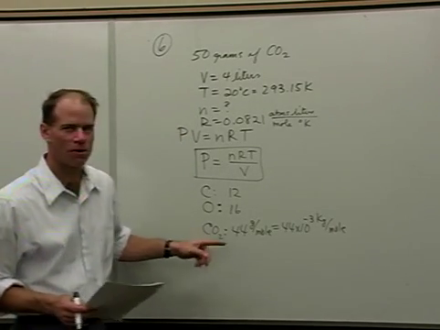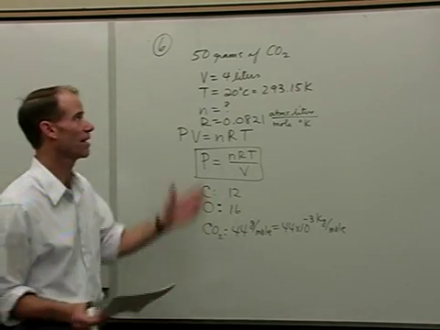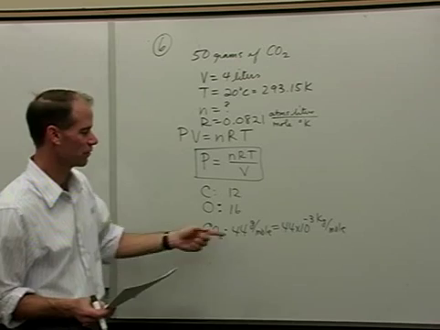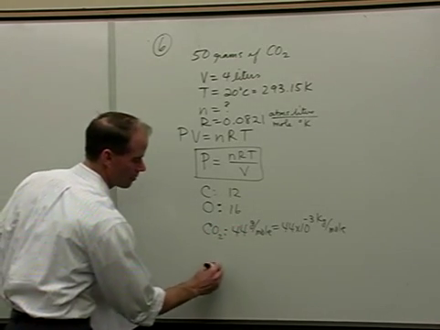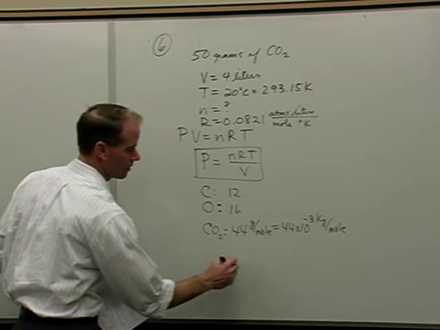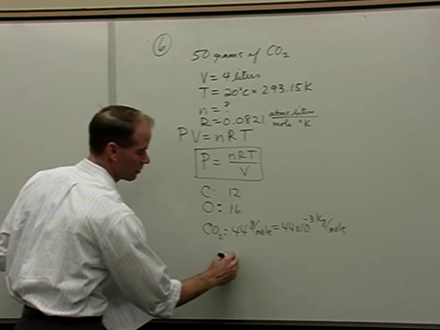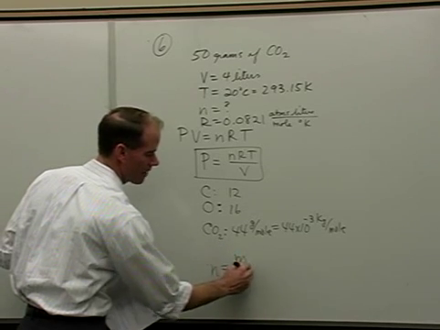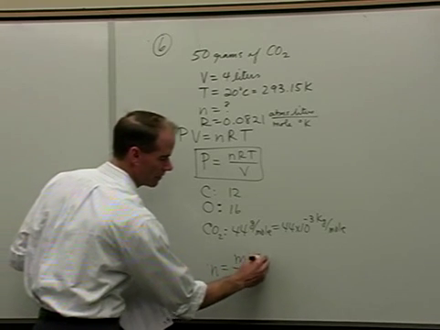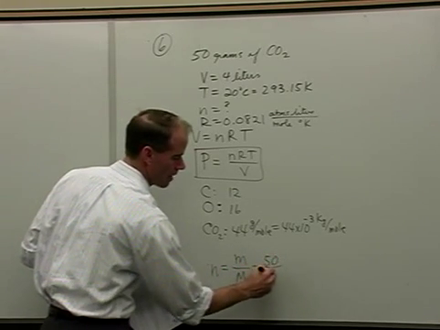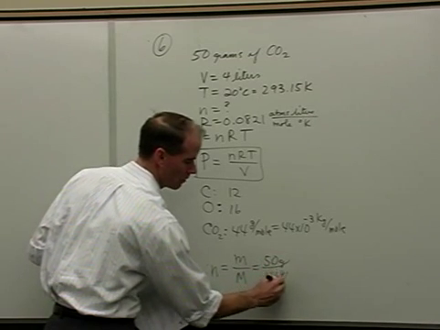So we have 44 grams per mole, and what we really wanted to find was how many moles we have. Now we have 50 grams, and there's 44 grams per mole, so the number of moles we have would be the actual mass that we have divided by the mass per mole, the molecular weight, which would be 50 grams divided by 44 grams per mole.